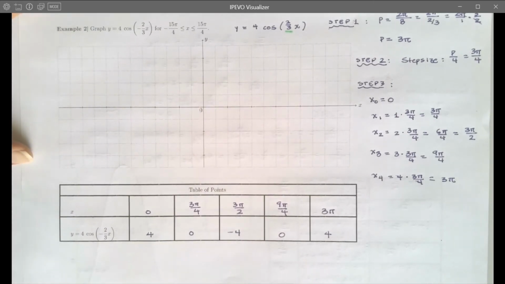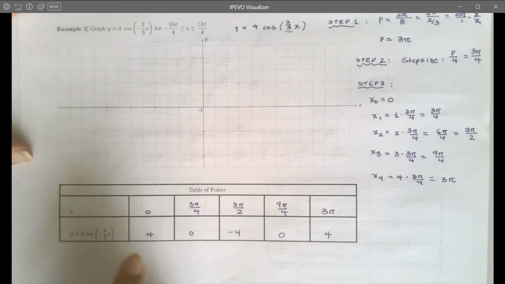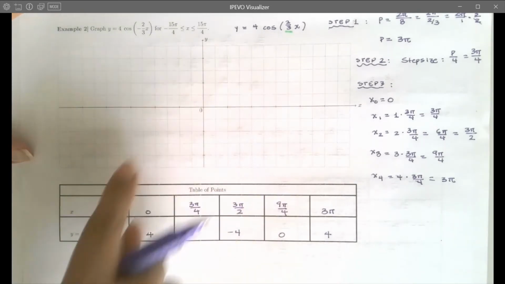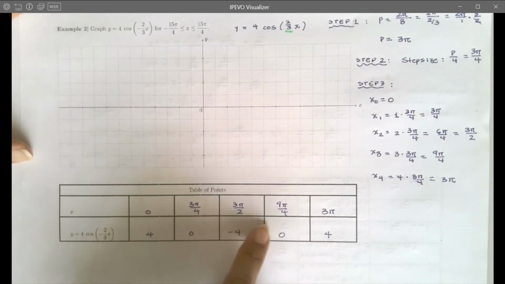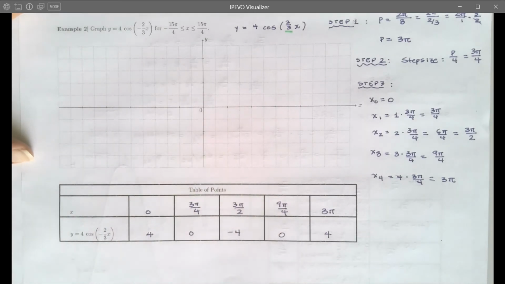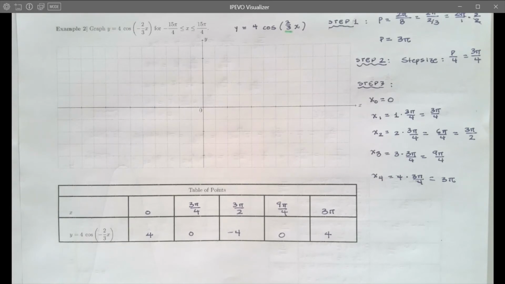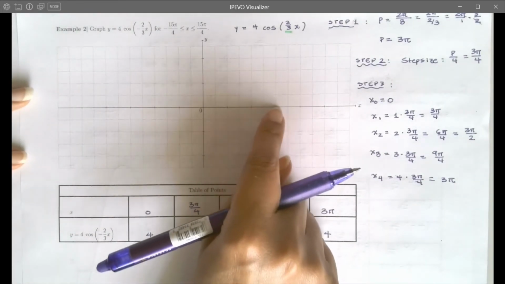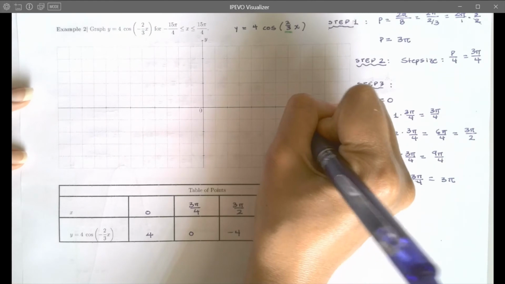Alright, so let's see. We're going to need intervals that accommodate for 3 pi over 4, or tick marks that accommodate for 3 pi over 4, 3 pi over 2, and 9 pi over 4. So what I'm going to do is take, let's say like 3 pi, draw it somewhere, and divide that interval into 4 equal parts. So this is 1, 2, 3, 4. That'll be my 3 pi.